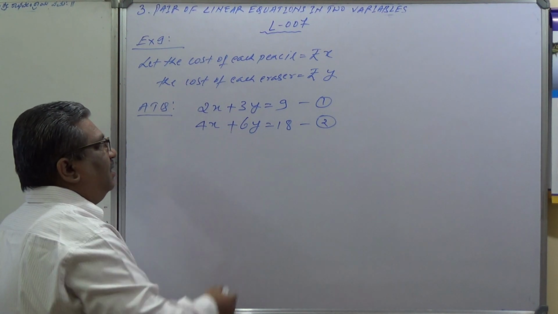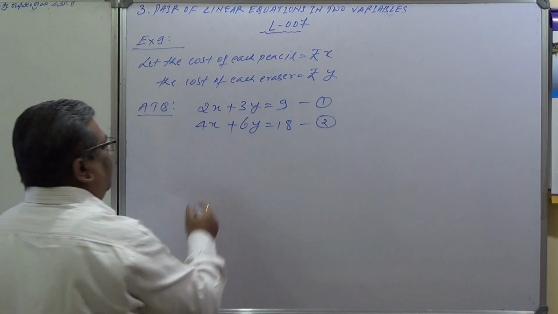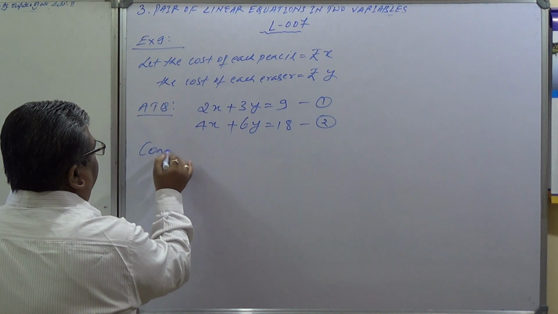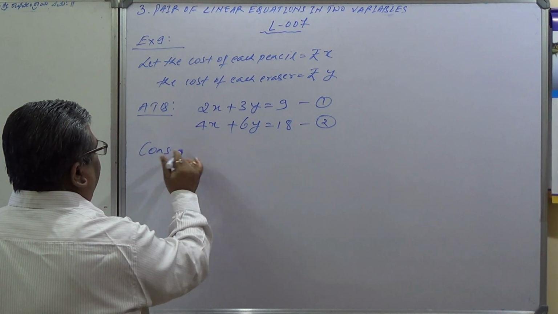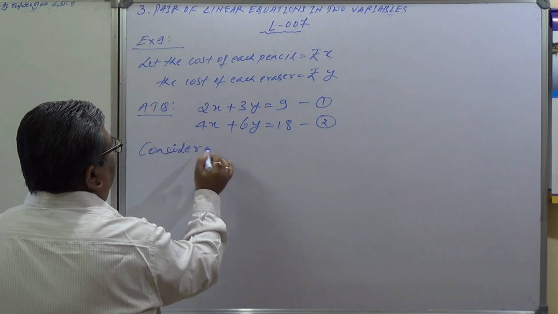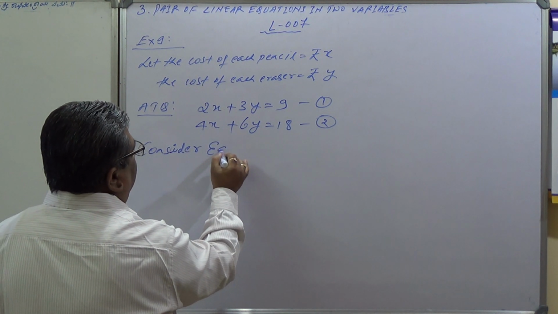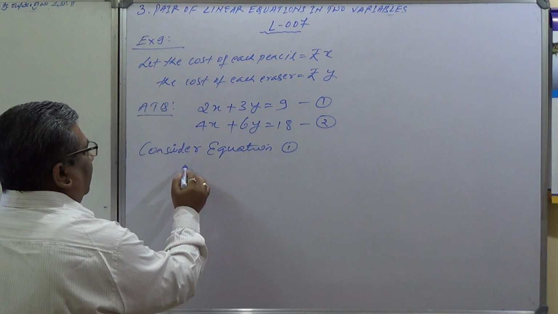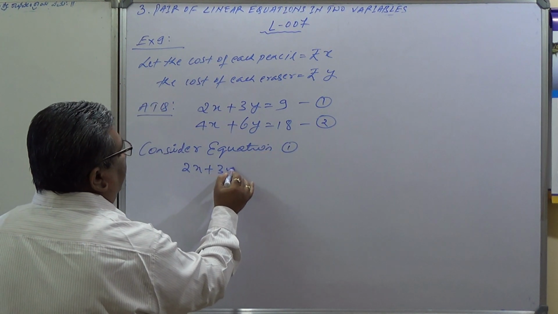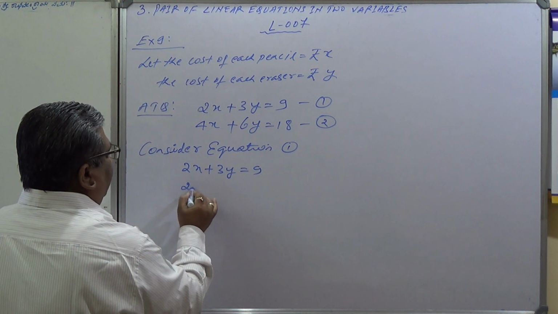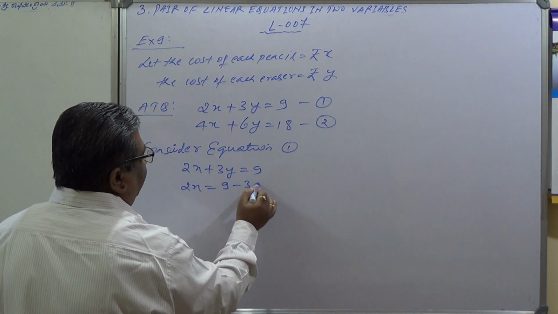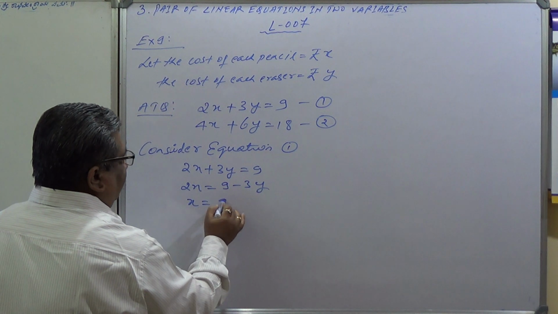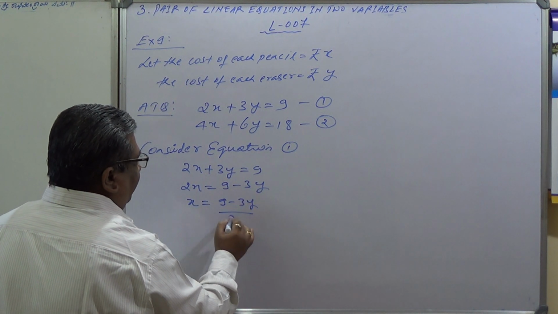Take the simpler one. First equation I will consider. Equation 1: 2x plus 3y equals 9. 2x equals 9 minus 3y. x equals (9 minus 3y) divided by 2.